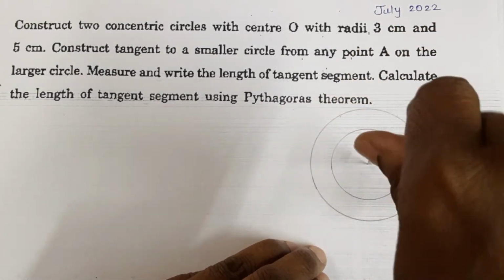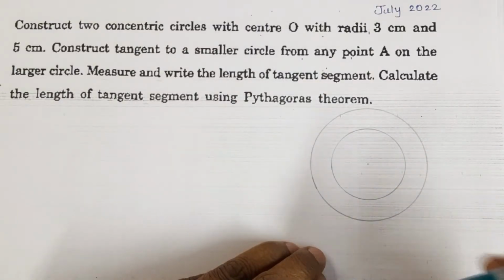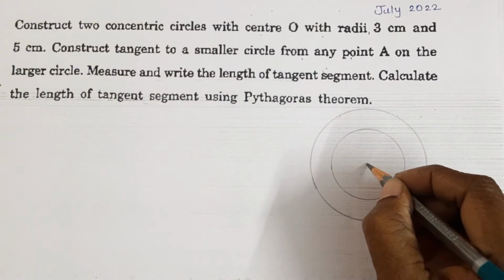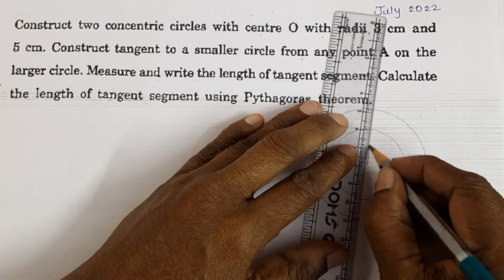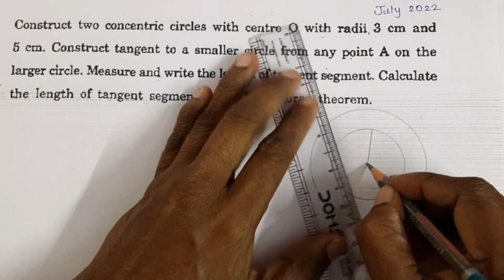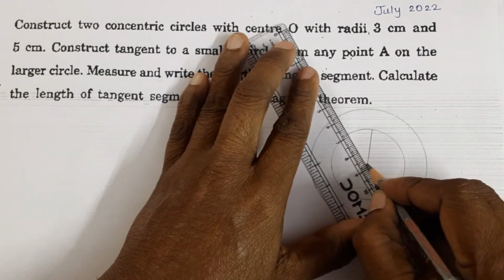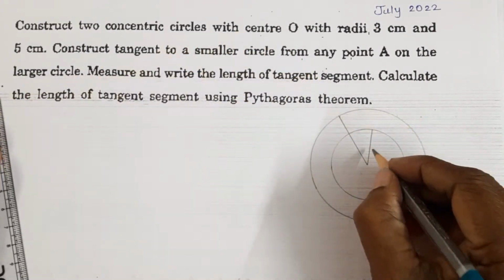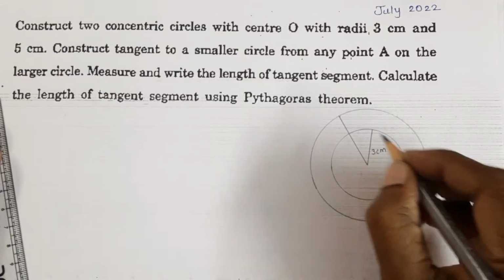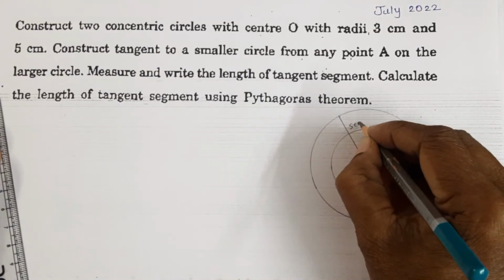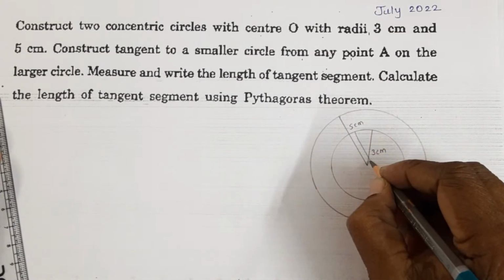Okay, and which is of 3 cm and 5 cm respectively. So this is 3 cm and this is 5 cm.